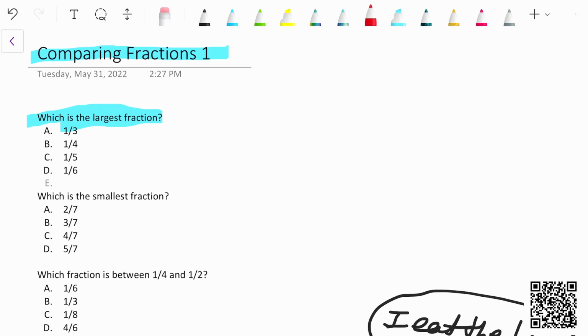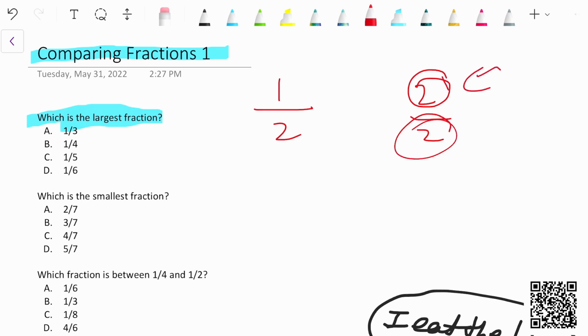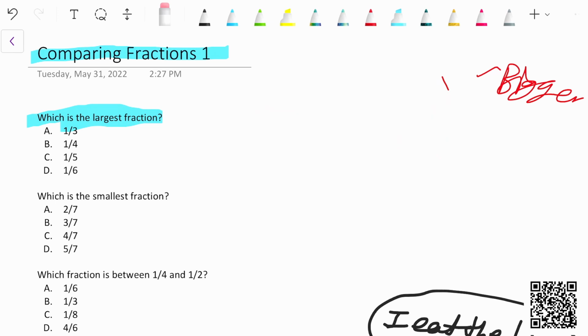A thing in fractions is that, let's say 1/2 and 2/2. When the top is more and the bottoms are the same, the one that has more on the top is the bigger one. But it's the exact opposite with the bottom.